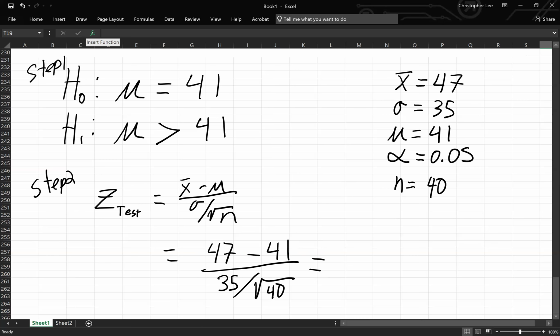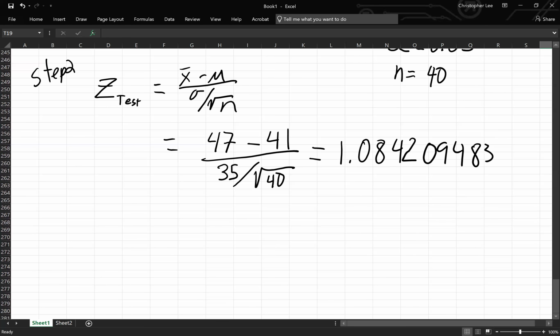So from the calculator, we got 1.084209483. Is everybody cool with getting the z-test value? Just type it in the calculator. Click, click, click, and that's it. All right?